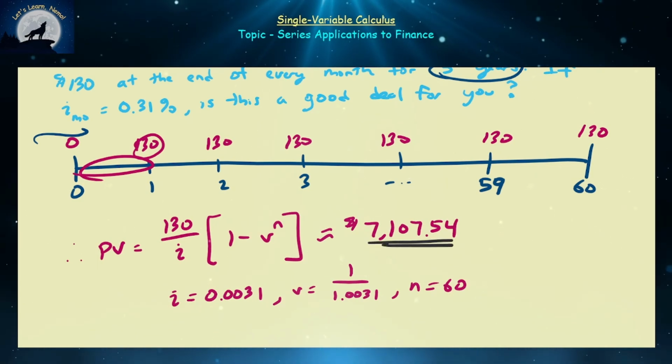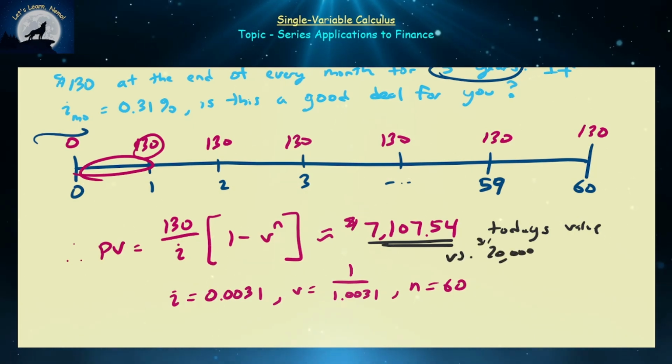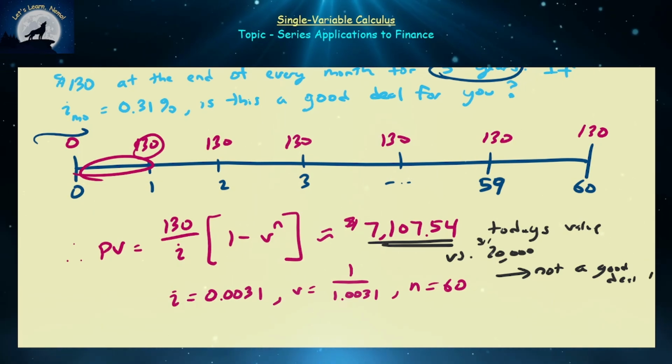So this is how much it is today. So this is today's value, versus our $20,000, right? So we're paying them $20,000 for something that's worth $7,000 today. So this doesn't appear to be a good deal. So this is not a good deal for you to take.